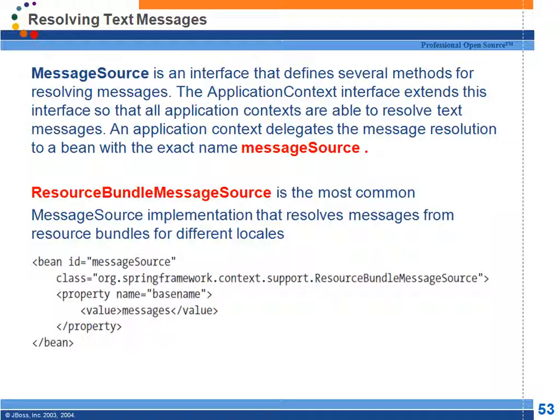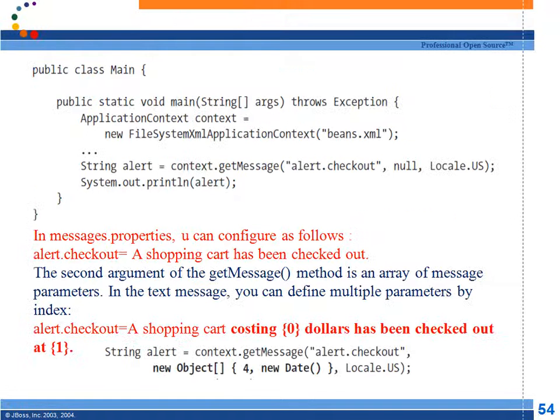Once you do this, how to retrieve the values? See here, applicationContext object dot getMessage. This is the key, and this is the locale, right? So depending upon the locale you give, you will get the corresponding value for this key.